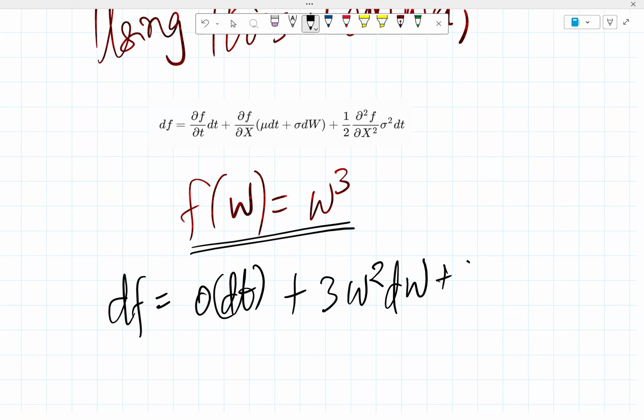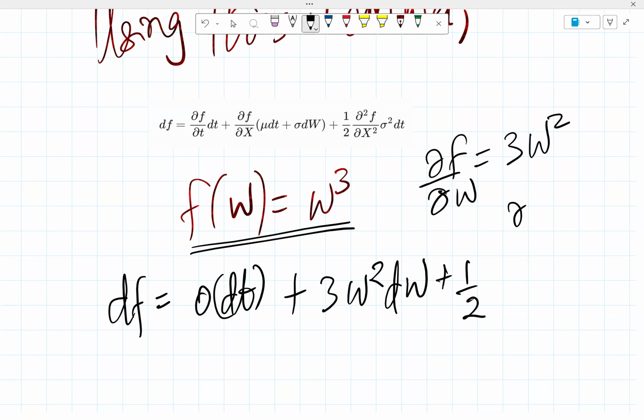Then plus half d squared f dx squared, that's d squared f dw squared. The derivative of f is partial, actually, because f depends on w and t. So partial f partial w should be 3w squared, as we already have it. Then partial squared f partial w squared would be 6w, right? That's 6w.